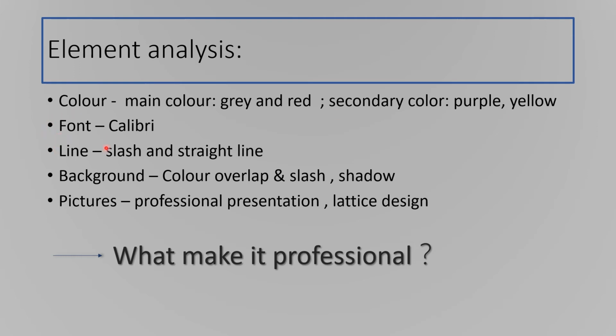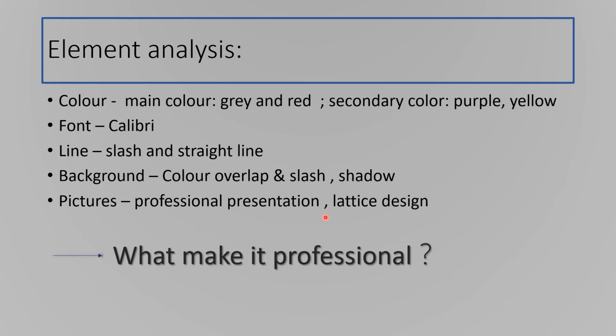And we also choose the form of our words and the lines that we use to design our background. That's a straight line, and the background with some shadows, and also some transparent effects, and also the pictures that just deliver a message to the audience that this is a professional presentation.